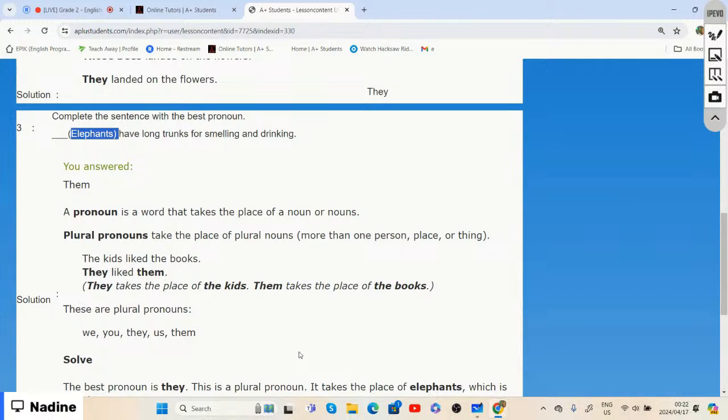All right, I'm glad you guys can hear me. So, elephants have long trunks for smelling and drinking. We need to select the correct pronoun to replace the word elephants. Do we say we have long trunks, you have long trunks, they have long trunks, us have long trunks, or them have long trunks for smelling and drinking?